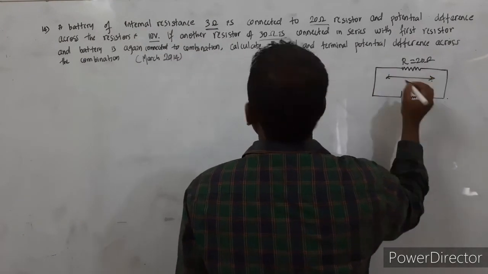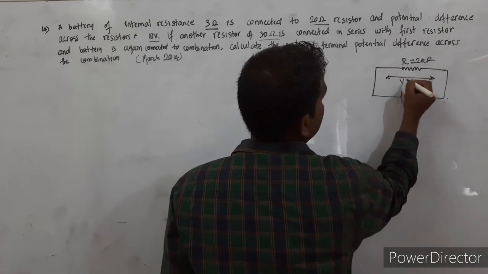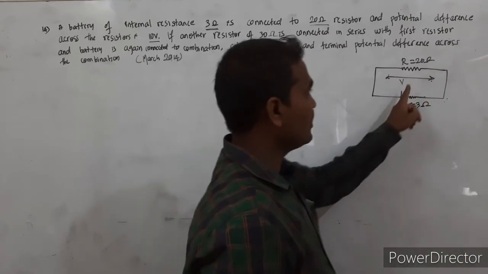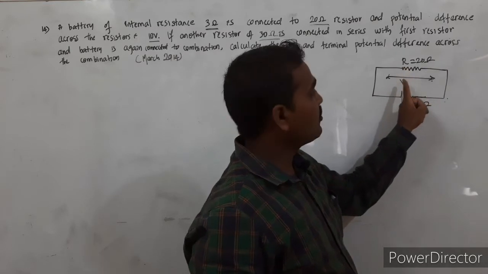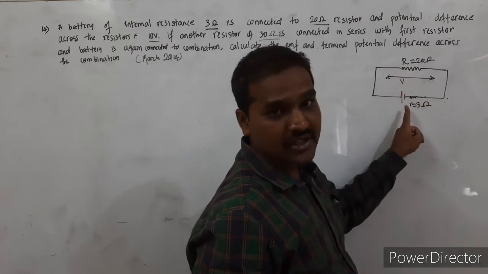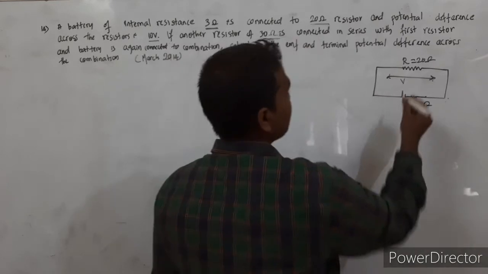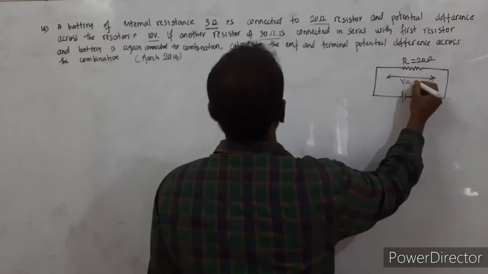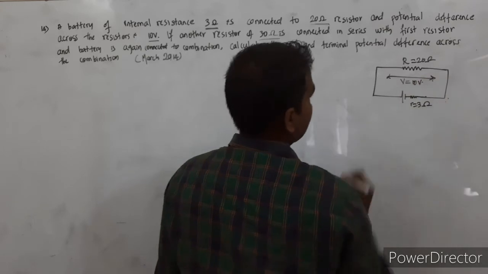Okay, so here we have potential difference. This is nothing but the terminal potential. Whatever potential difference is available for this resistance, that will be the terminal potential provided by the cell here. So I can write V is equal to 10 volt.